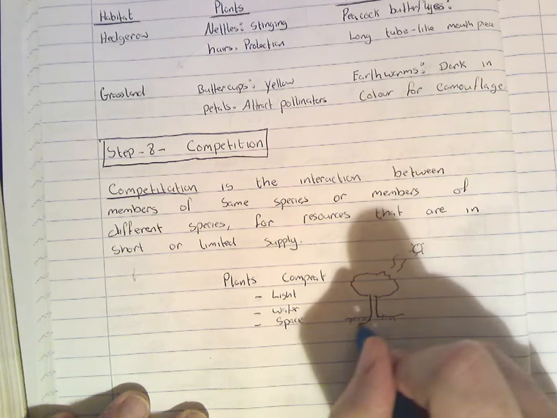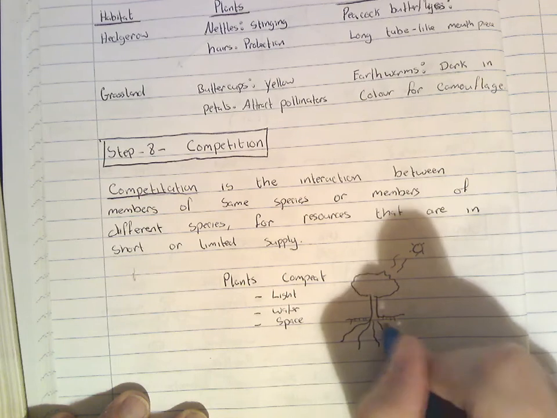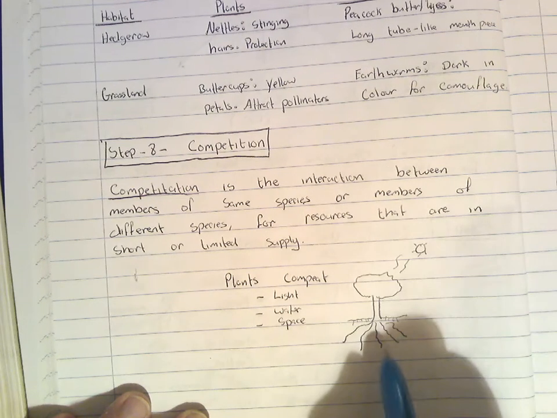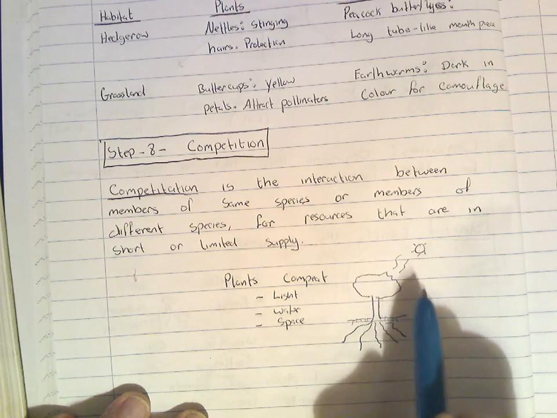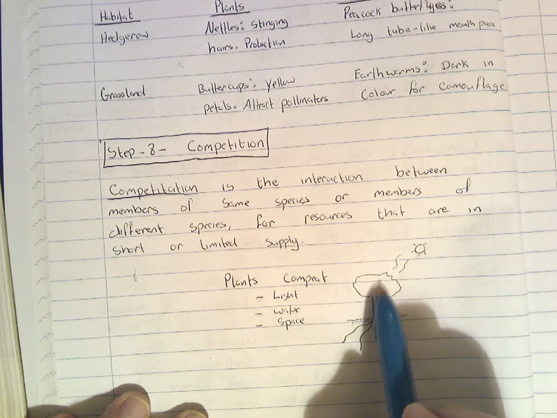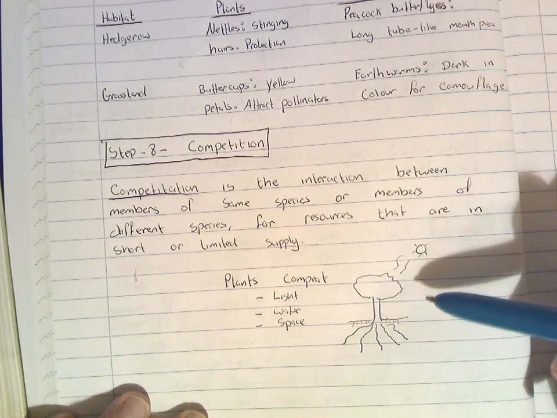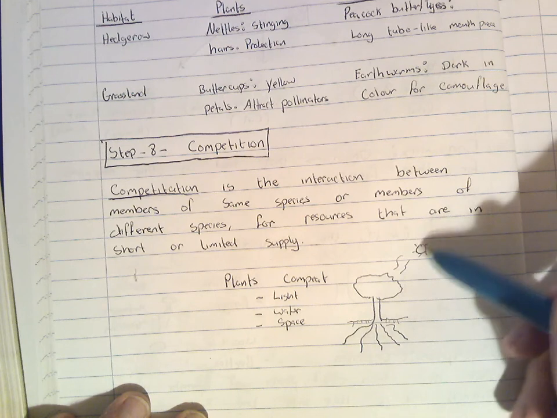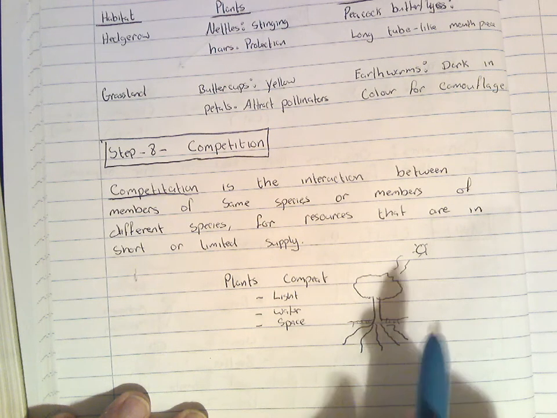They might also have really big, elaborate, complicated root structures that enable them to gather up resources from the ground. They compete with other plants or trees around them for space. They try to grow taller than their rivals because they want all of the sun, and they also want resources like water from the ground.